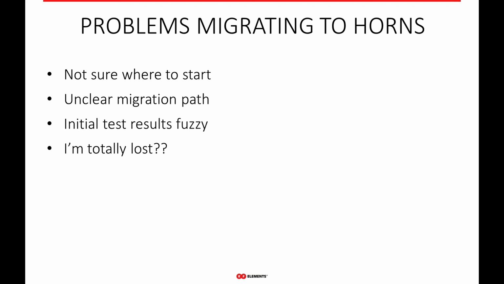So how do you go from where your technology stands today as far as antennas on your networks and transition to horns, and move your network from the current traditional sector standard to a horn antenna standard? Again, maybe your initial test results were fuzzy.